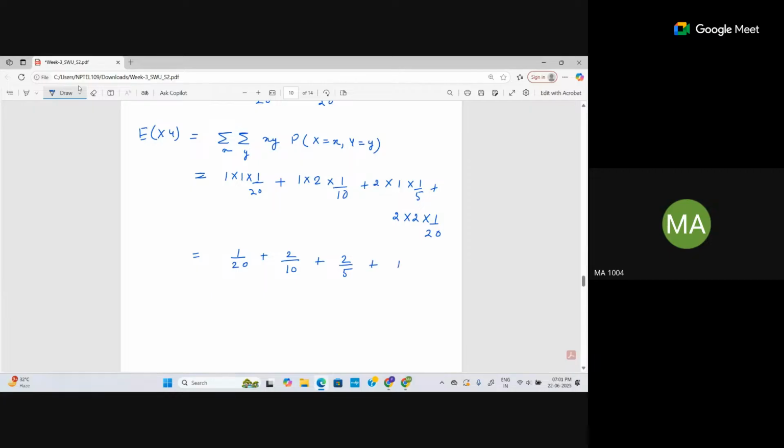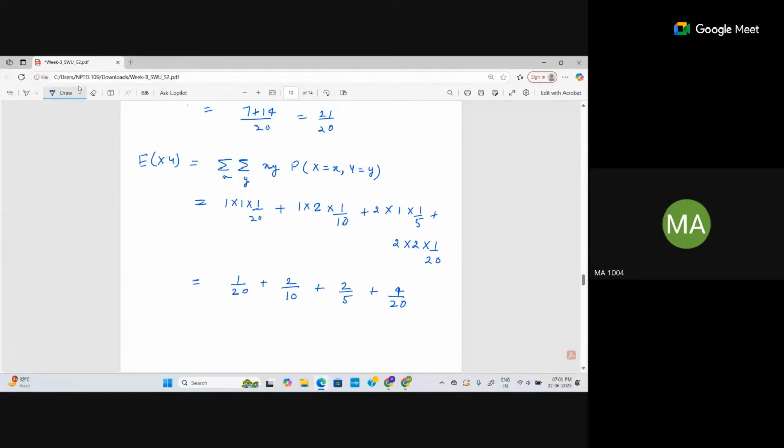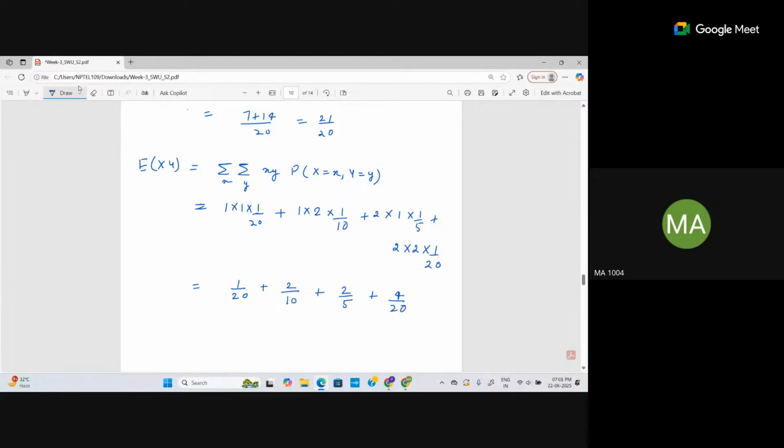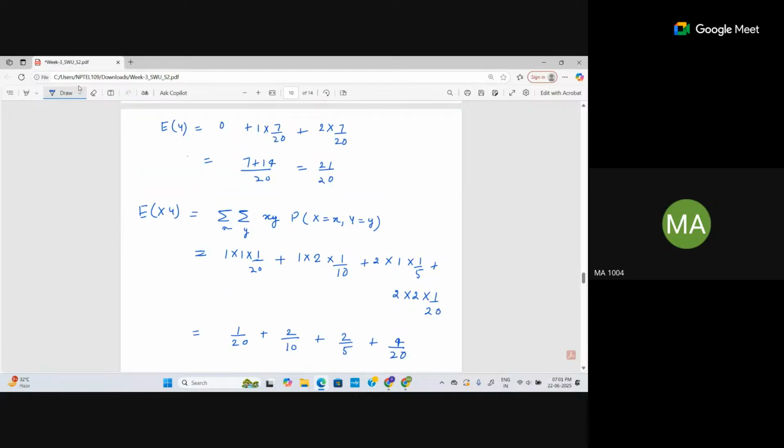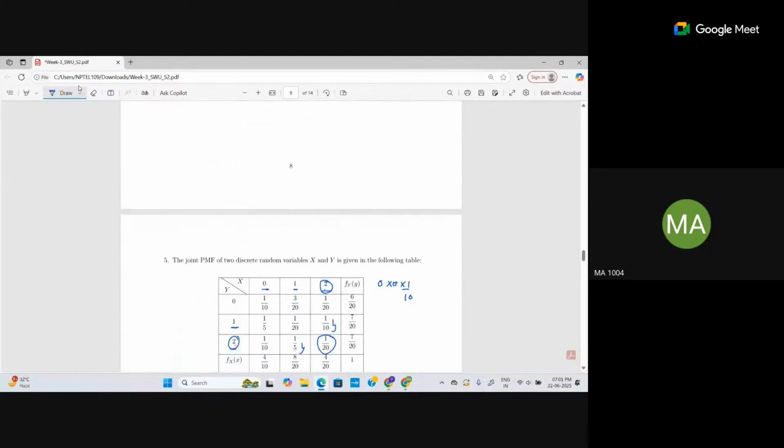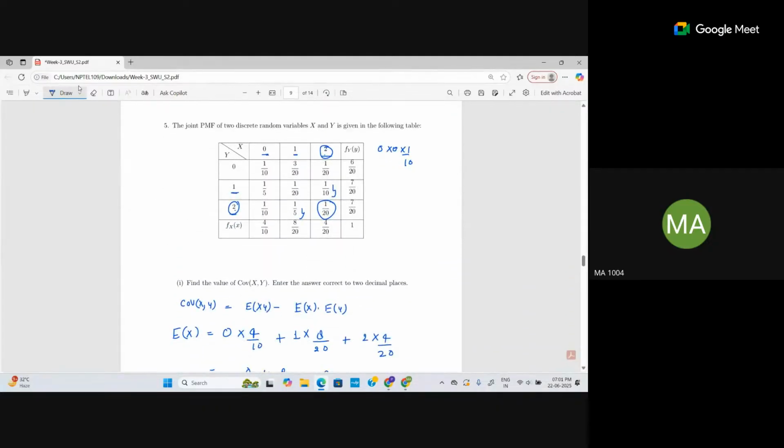Ma'am, can you repeat it again? Okay. So see, according to the formula, we have to put the values of x, y, and multiply by their joint probability. From the table, we take each pair of x and y and multiply it with the corresponding probability.